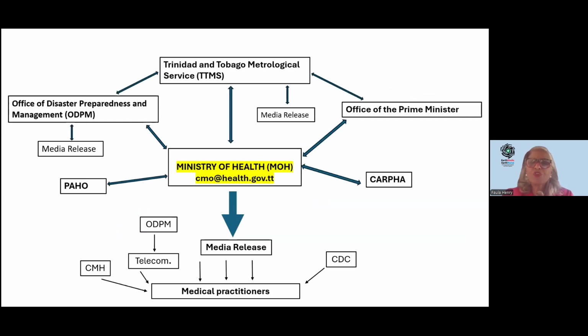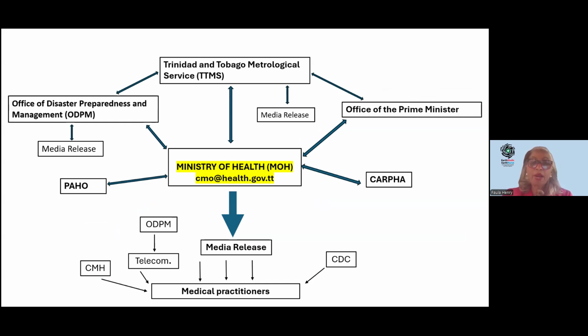And what is the Ministry of Health? What do they do with this information in terms of us as practitioners? Well, the hierarchy of the organization, they get together and they decide what is the best information to release to the public. And they release this through a media release.